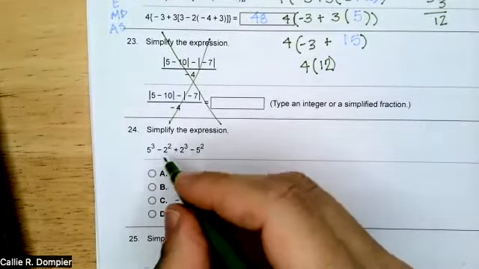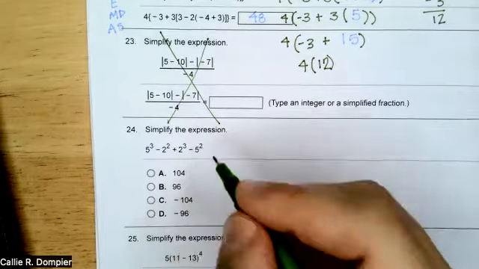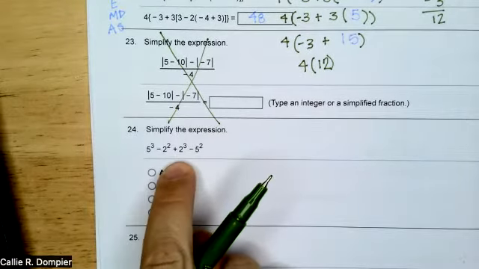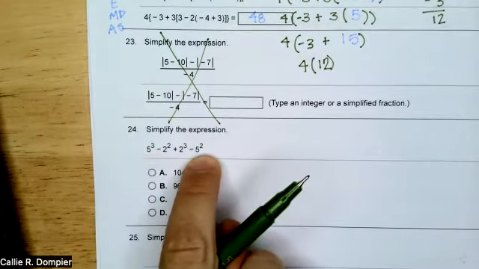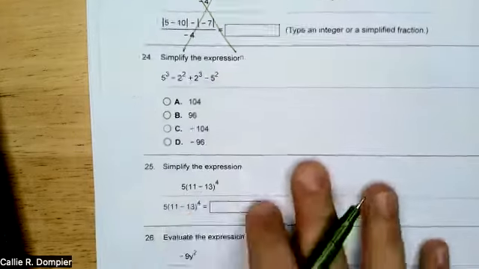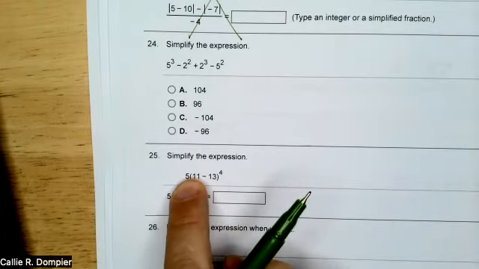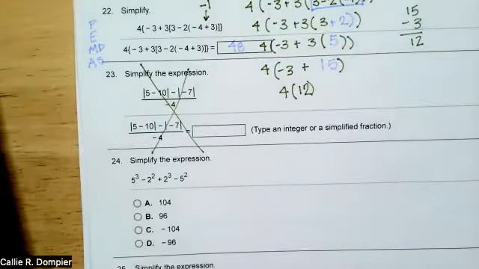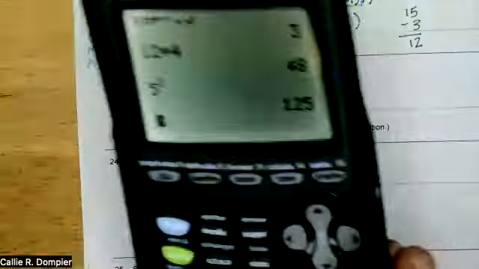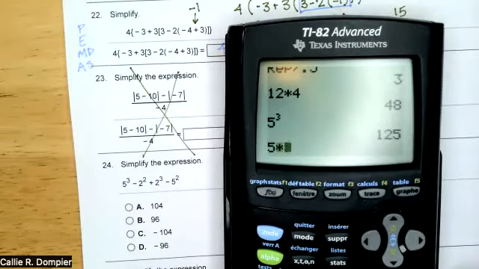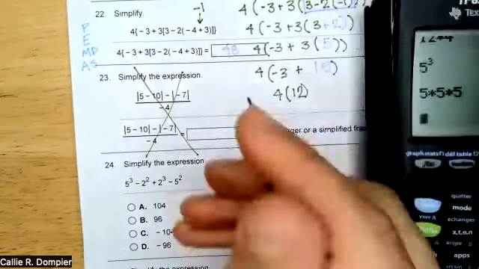5 cubed minus 2 squared plus 2 cubed minus 5 squared. What I want you to know is to do the exponents first, okay? Here you would do parentheses first and then do the exponents before you multiply. So 5 to the third is the same as saying 5 times 5 times 5. So that's 125.